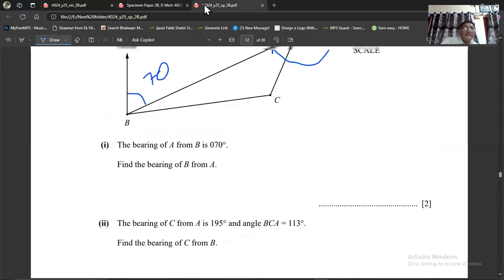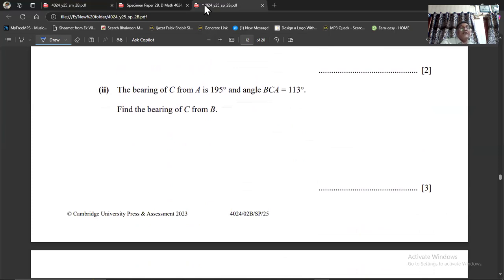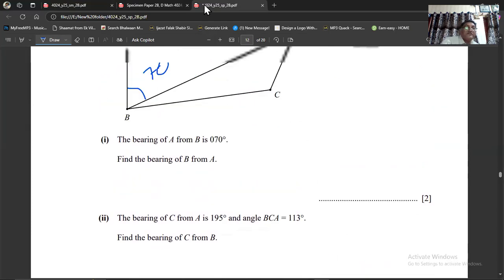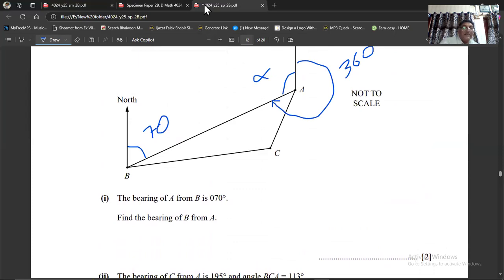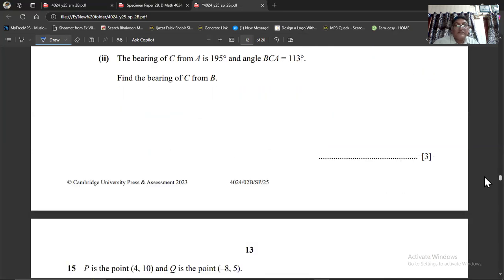Then they say the bearing of C from A is 195 and the angle BCA is 113. Find the bearing of C from B. They have given me some information.